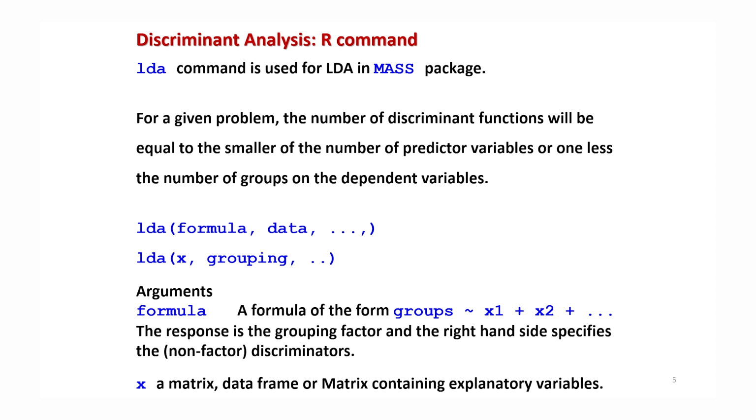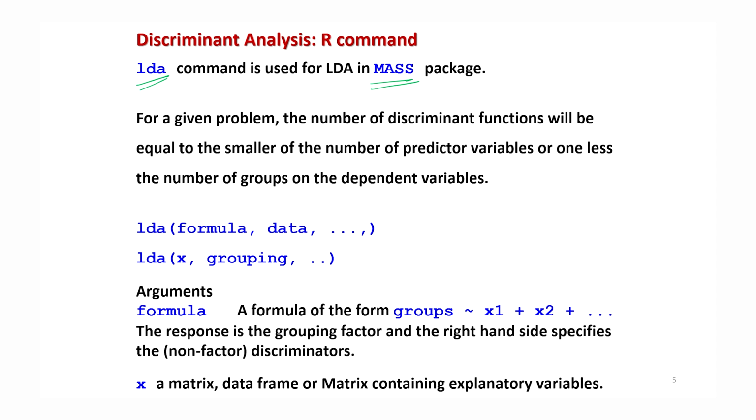So lda is the command in the R software to find the linear discriminant function and to conduct the linear discriminant analysis. This lda command is available in the MASS package, all in uppercase, which is a built-in package, so you need not download any additional software.